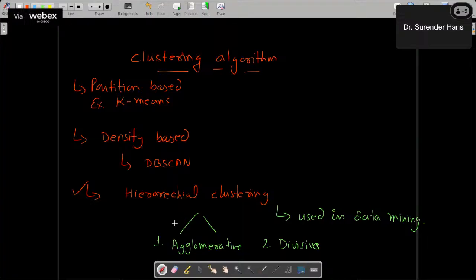Agglomerative clustering is called the bottom-up approach, and divisive is a top-down approach.